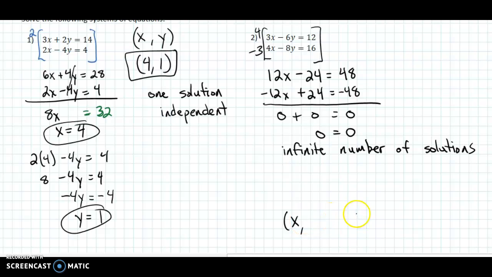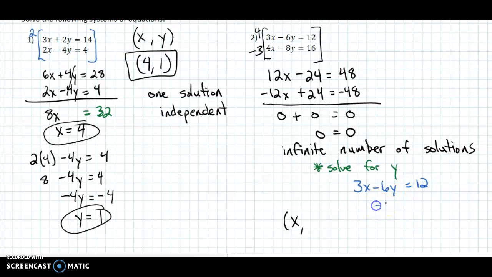And so to find what your solutions for y are, you are going to solve for y. It doesn't matter which equation you pick, but let's just pick one and solve for y. So let's take the top one. 3x minus 6y is equal to 12.